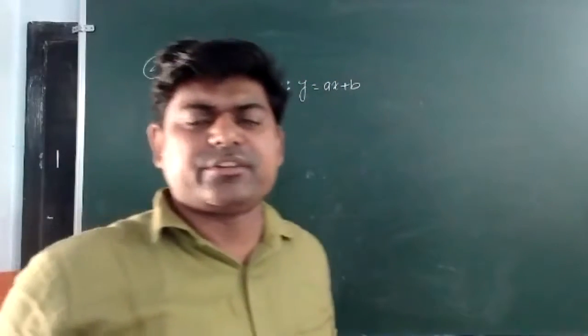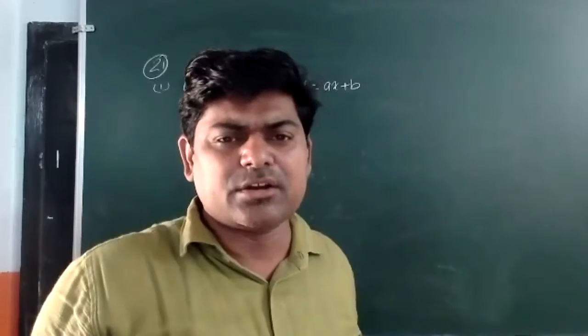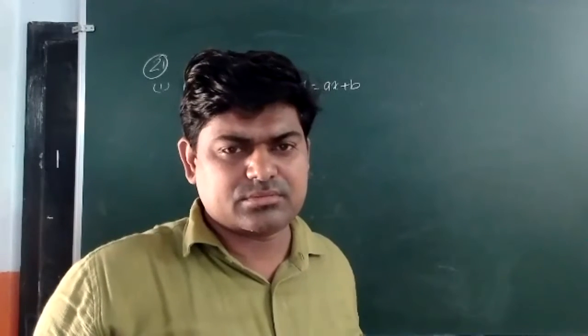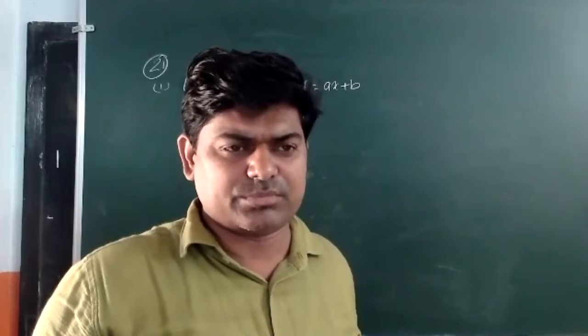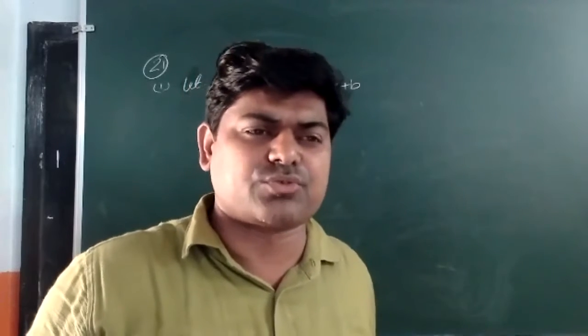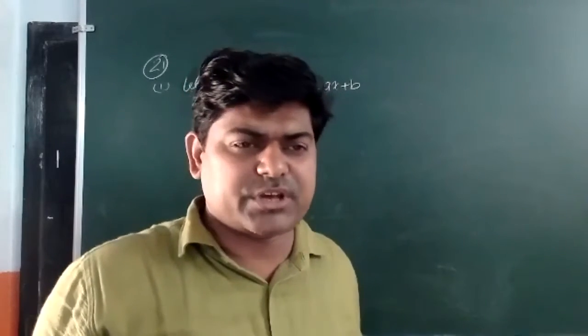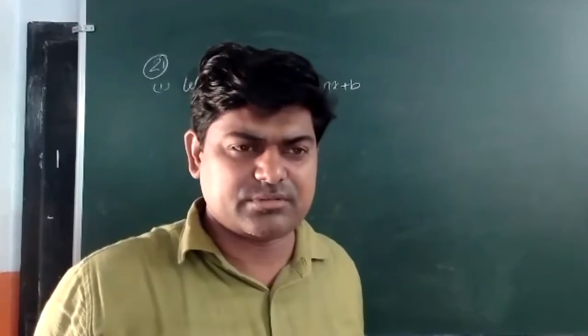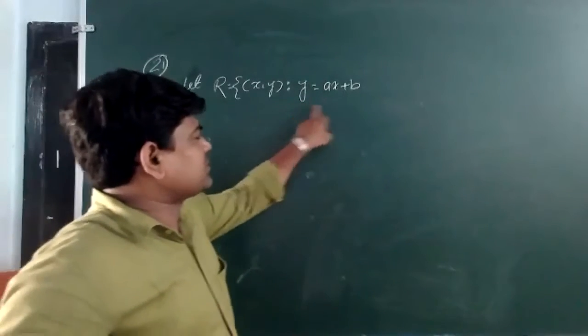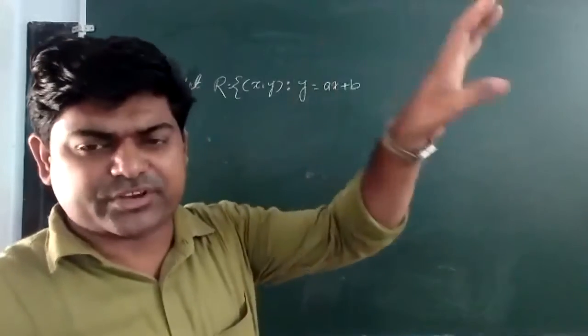If it is written quadratic relation, I can write Y is equal to AX square plus BX plus C, the standard form of the quadratic. If it is written cubic relation, we can write Y is equal to AX cube plus BX square plus CX plus D.